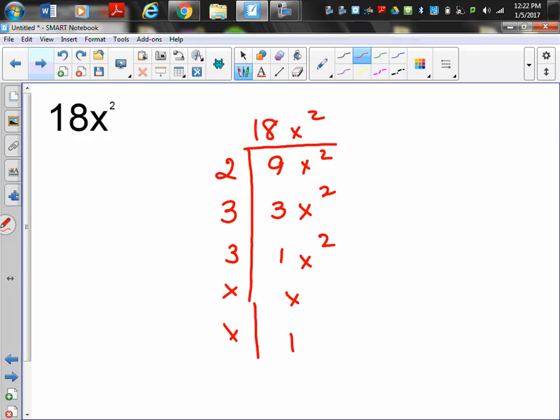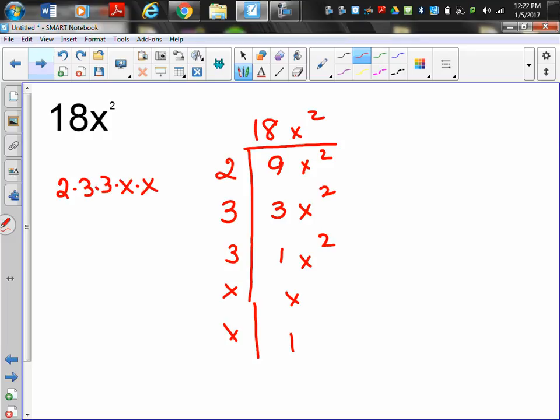So the prime factors of 18x squared is 2 times 3 times 3 times x times x. So that's your prime factorization. When you write it out, you would write 2 times 3 times 3 times x times x.